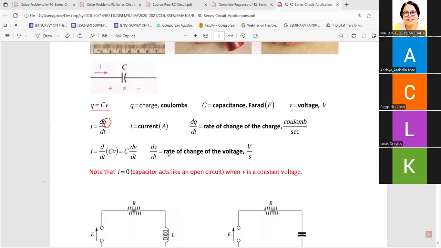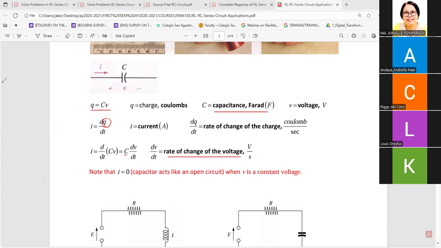The rate of change of the voltage, of course, will have the unit volts per second. And if you multiply it with the capacitance in farad, the resulting unit is still the ampere unit for the current.